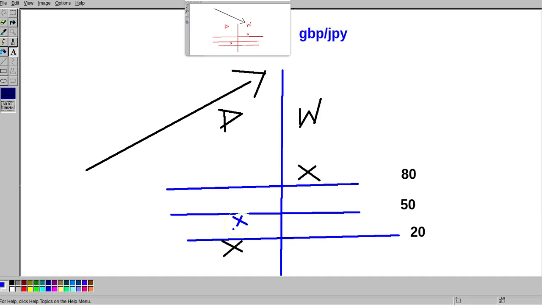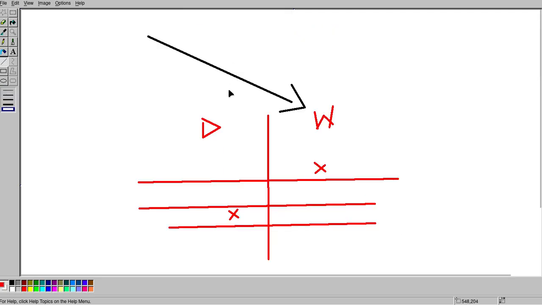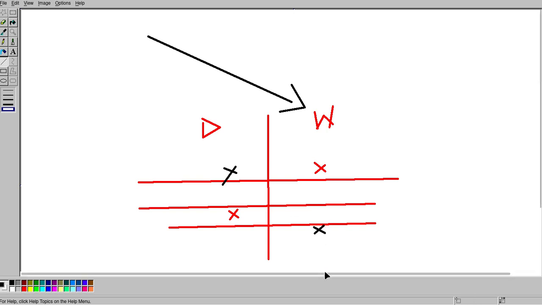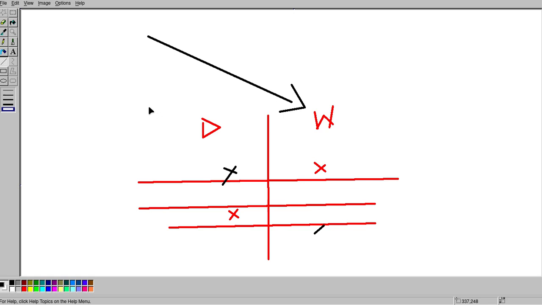Now, ideally, what was supposed to be the correct one was like this. Or it was supposed to be oversold here, right? And then overbought at that zone. Ideally, that's what's supposed to happen. But in this case, what's winning in both cases?